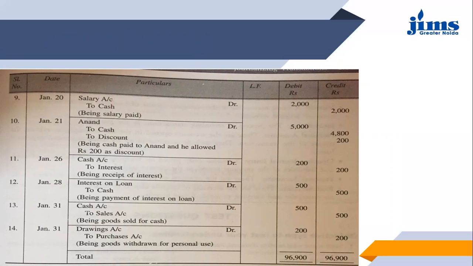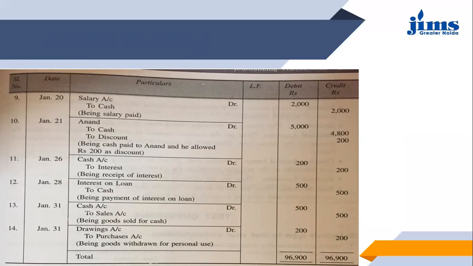Make it a point that the total should always be equal, because for each and every entry, as you can see here, you have entered the same amount under the debit and the credit column. So the total should always be the same. This is the rule for the journal: the debit and the credit column should be equal.